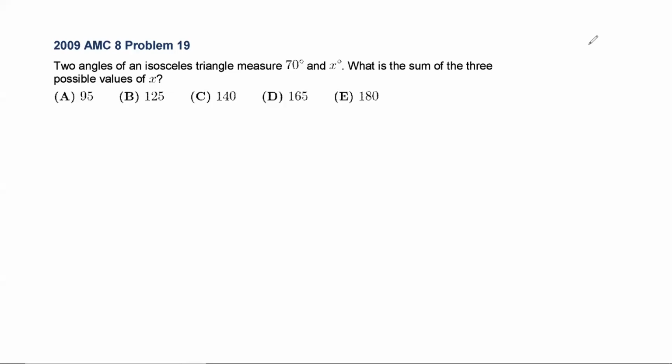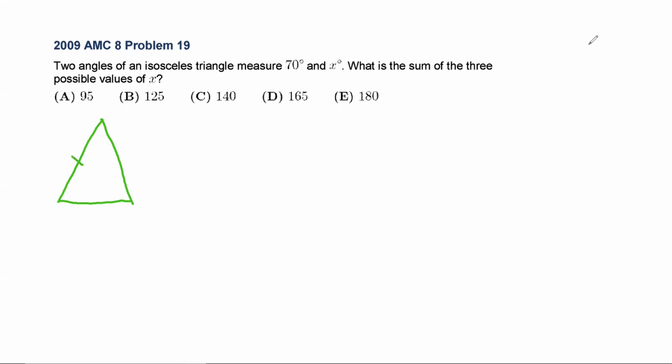Okay, so we can start off this problem by considering different cases. So let's draw our isosceles triangle. Okay, so our first case is if our x degree angle is actually at the top here.